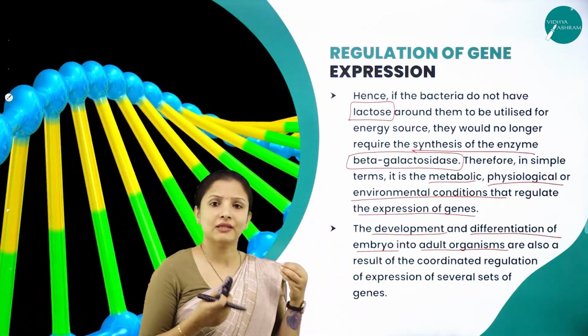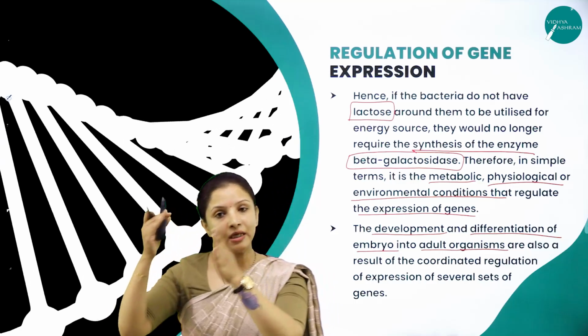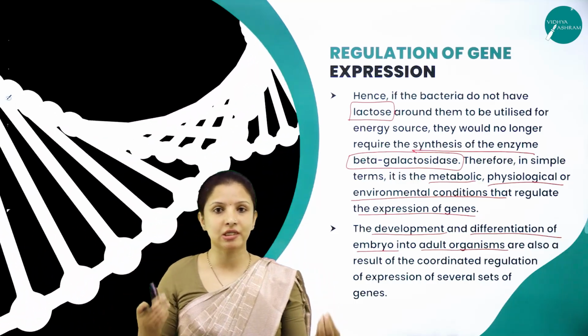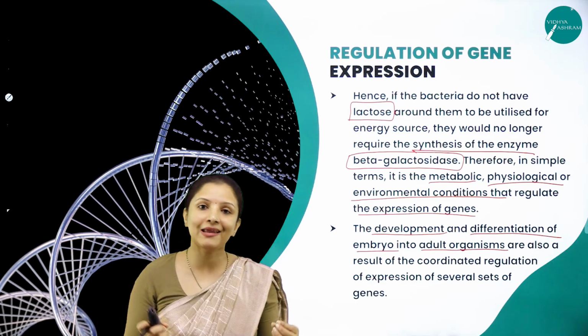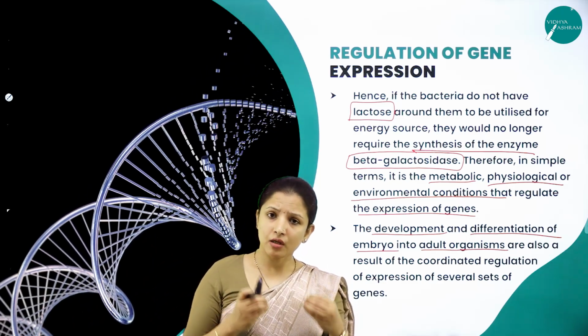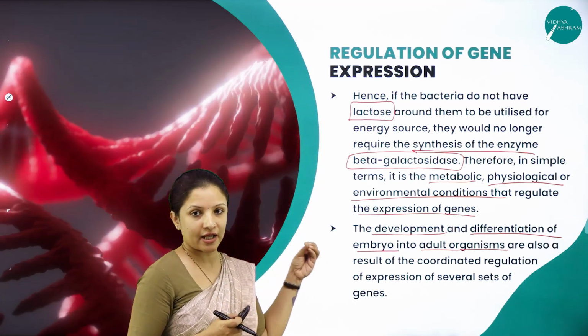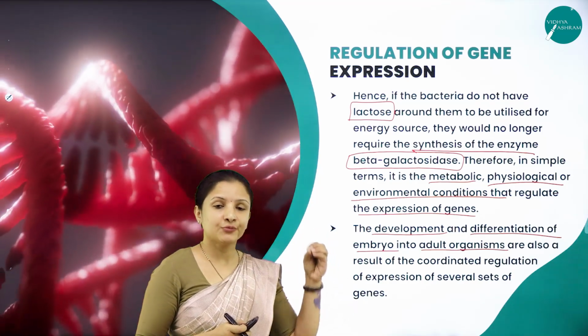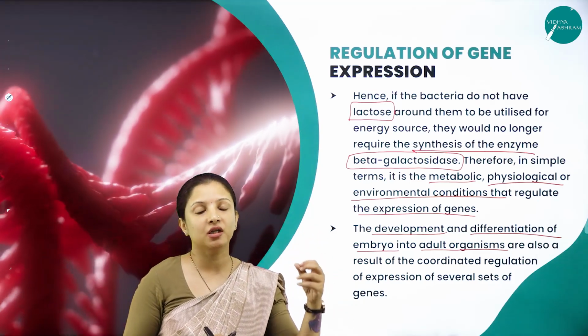So right from the development of the embryo until adulthood, any metabolic or physiological function that happens in the body of the organism is controlled by gene expression. Therefore, it is very important for genes to get expressed at a particular time.